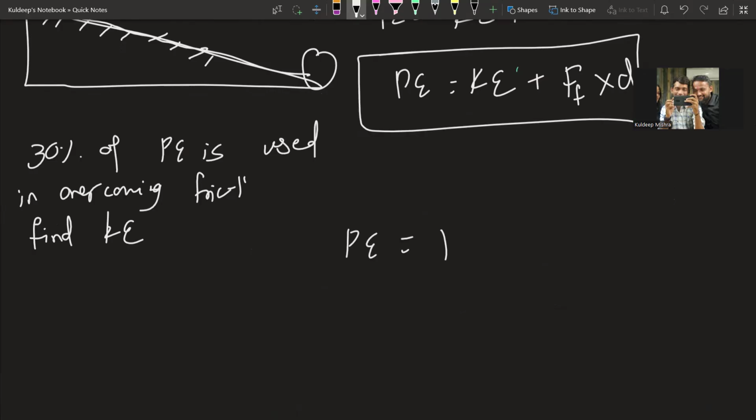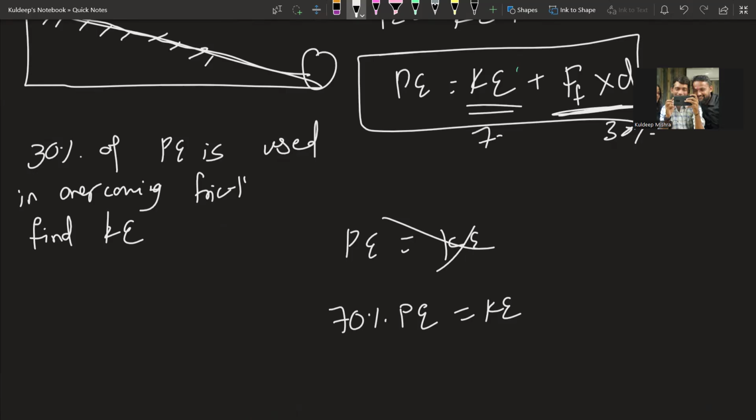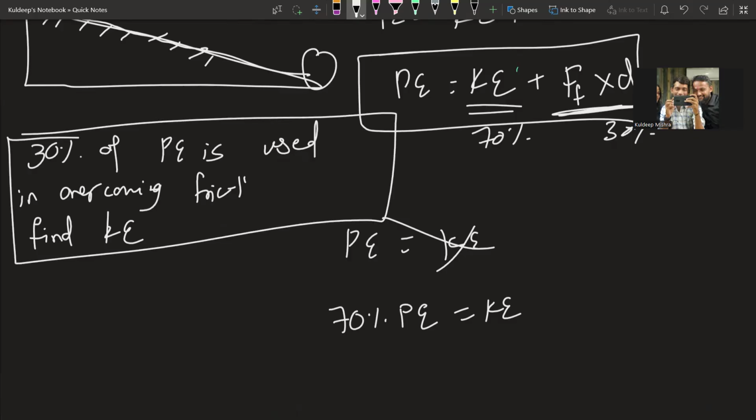In this case, it will be wrong. You will have to take 70% of potential is equal to kinetic, because 30% is lost here. Only 70% is used here to gain the velocity. Okay. So this is very important. Remember this. Whenever they say that energy is used, you subtract that energy and then find the velocity or find the height or whatever is given.